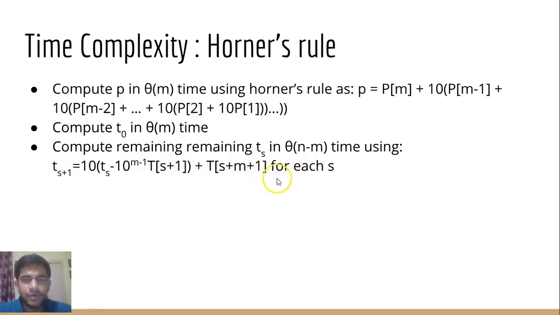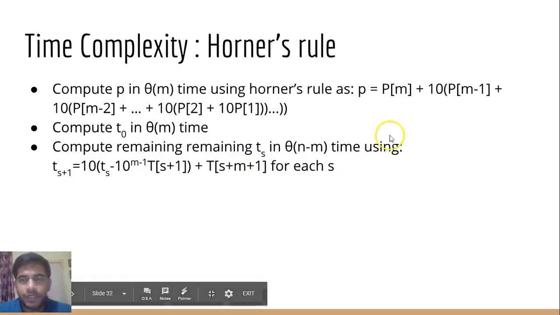And we do this for each S so that we get T1, T2, T3 until the end. And this can be done in theta n minus m times, because this whole operation is basically order 1. Well, we can actually compute 10 raised to the power m minus 1 previously and then use it again and again. And all this arithmetic is basically simple calculation. For now, we are assuming that these numbers are not large enough and their calculation doesn't depend on their size.